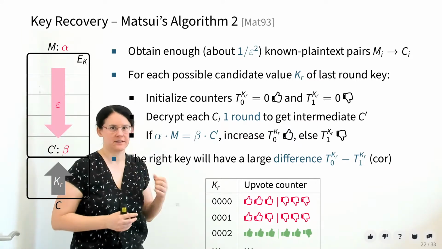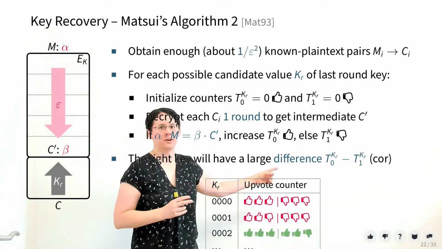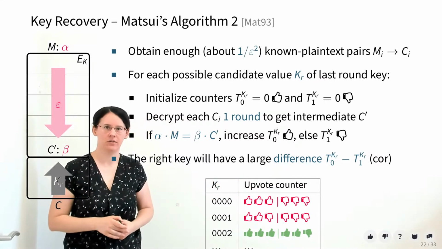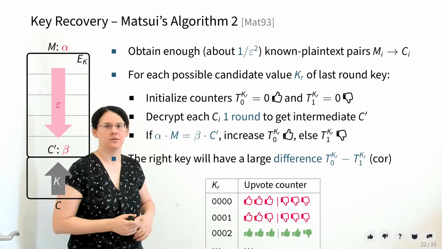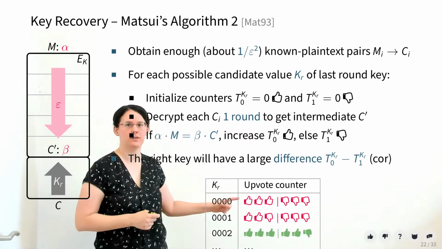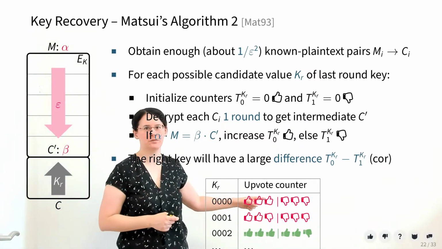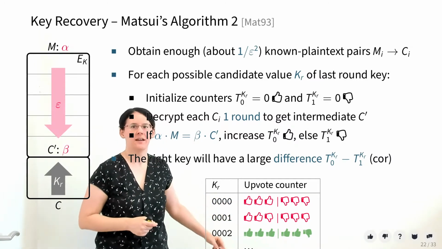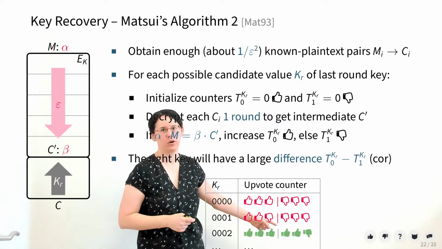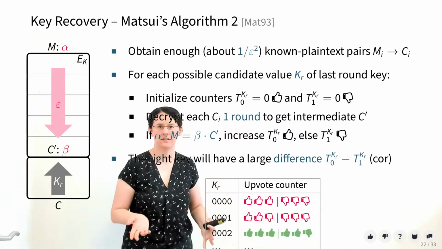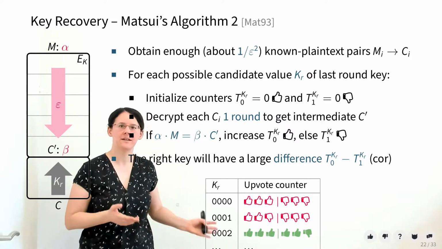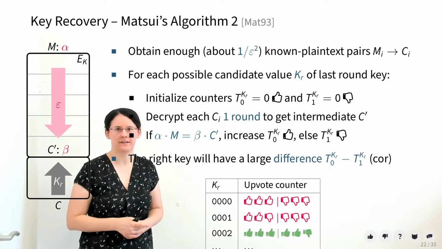So in other words, there should either be much more or much fewer correct examples than wrong examples. So if I look at these cases here, for the first key there were exactly the same number of T0s and T1s. Here it's mostly the same, just one different. And here I actually have a lot more, so T0 is a lot larger than T1. So a good guess would be that this is actually the correct key.